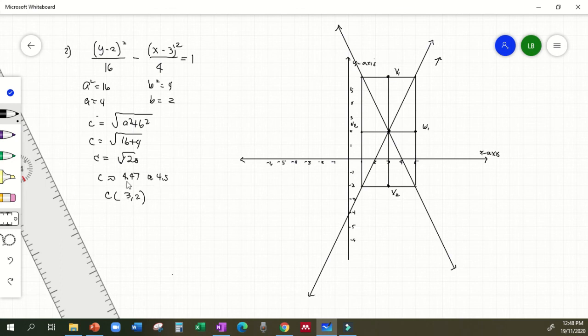So, the focal distance is 4.5. So, this is 4. So, 4.5. This is our focus. And this one. So, we can now draw the hyperbola.